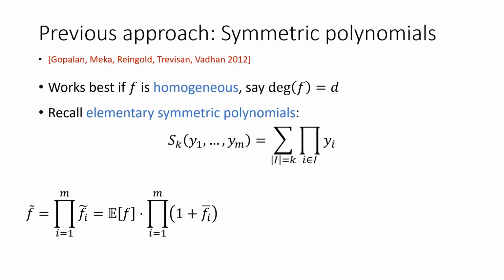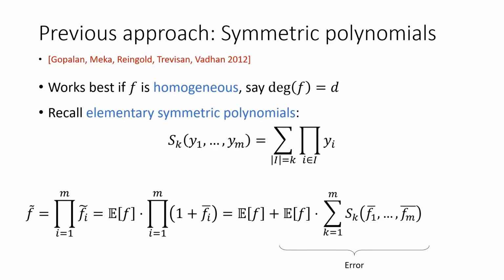We can use these elementary symmetric polynomials to expand the product in the formula for the bias function. The bias function is given by the expectation of f plus this error term. The error term involves the sum of the elementary symmetric polynomials applied to all the fi bar functions.